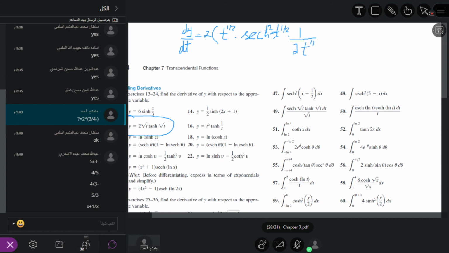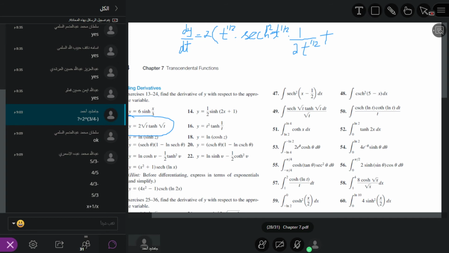Plus, because we are using the product rule. For the product rule, we use positive; for the quotient rule, we use negative.